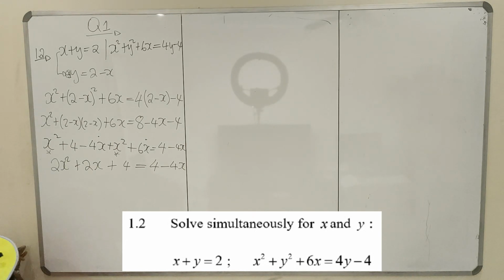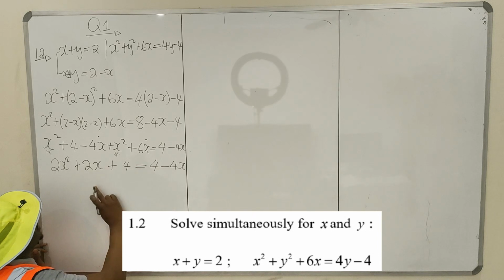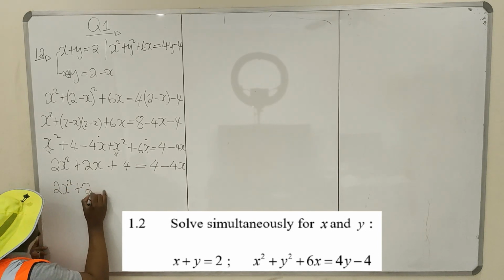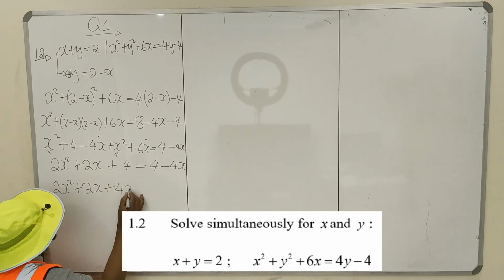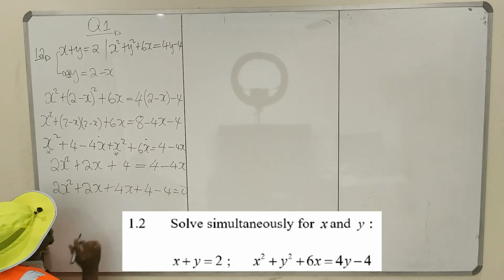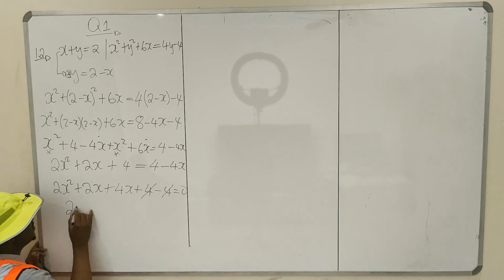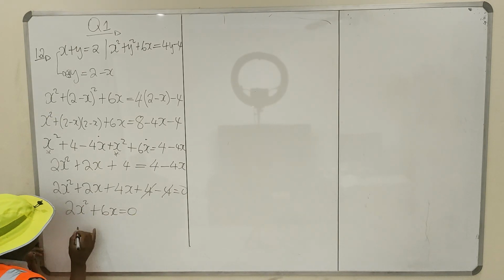Right. So we transpose these guys to the other side. What do we get? We get 2x squared plus this 2x here plus that 4x from there plus this 4 minus the other 4, which is this one. So these two go away. That's 0. So you have 2x squared plus 6x is equal to 0.